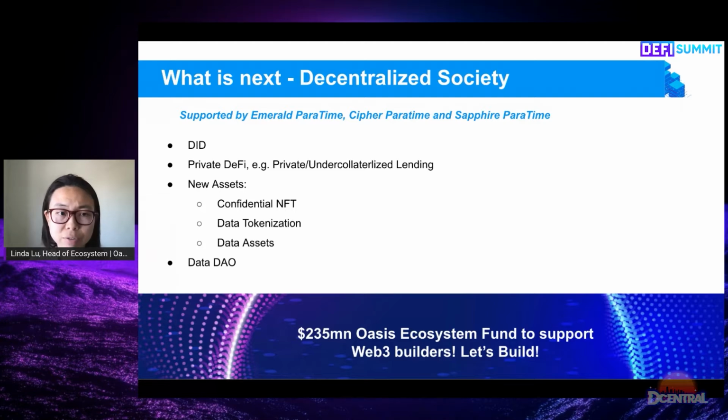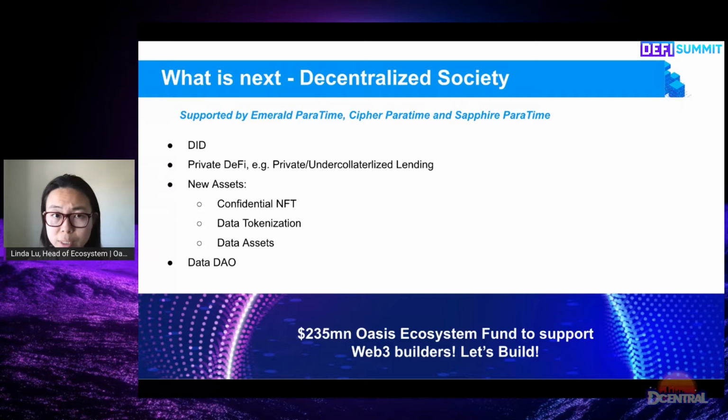And for DeFi's next stage, we also need new assets. Besides token assets, how can we bring more assets to DeFi? Could there be assets like NFTs, confidential NFTs, data-backed NFTs, data assets, data tokenization?